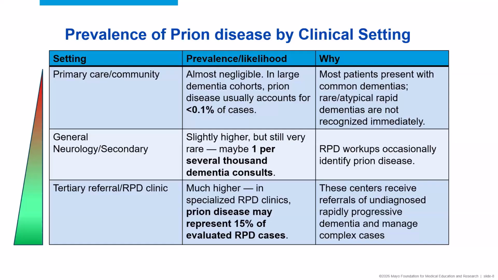And then in your tertiary referral centers or clinics that have rapidly progressive dementia specialty clinics, it can be much higher, where prion disease may make up 15% of those patients presenting to these tertiary clinics with a rapidly progressing dementia. It's maybe even higher in certain specialty centers in the US.